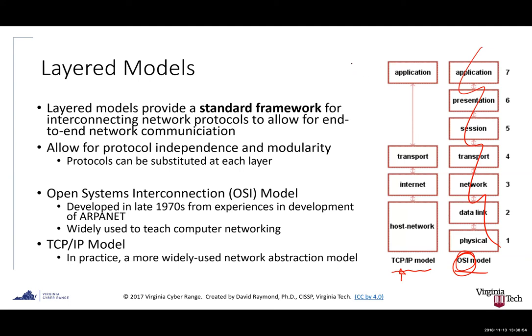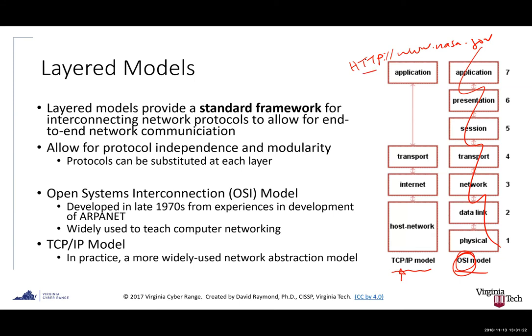At the application layer, you might have a protocol like HTTP, which my web browser understands. So I'm going to use my web browser to browse to a web page, and at the application layer, the protocol that's going to be used is HTTP. So I might go to http://www.nasa.gov, for example.